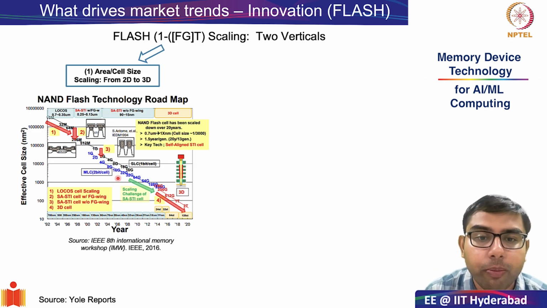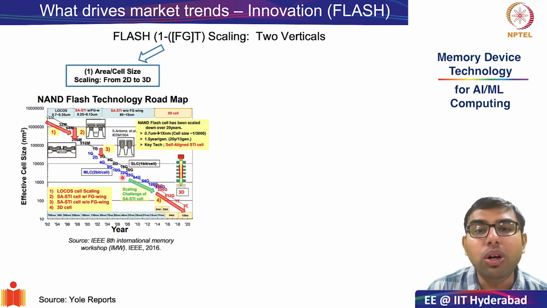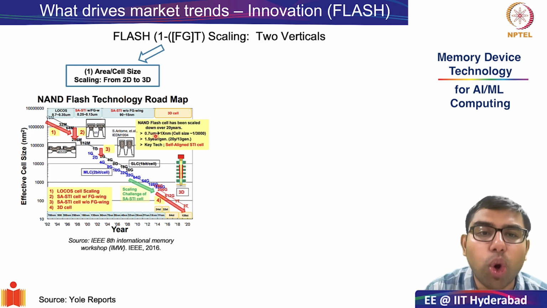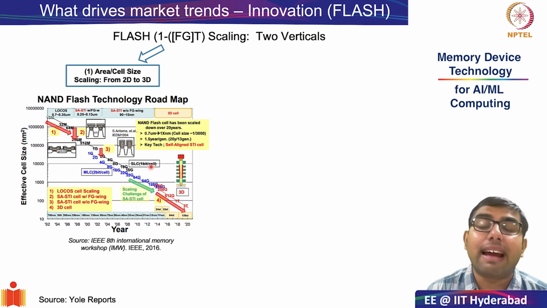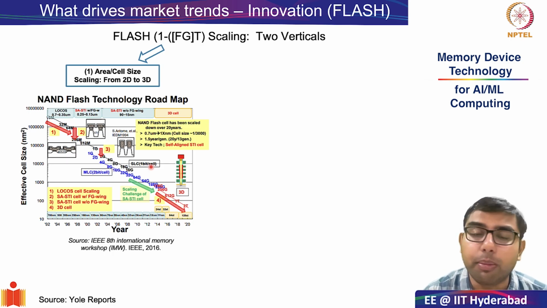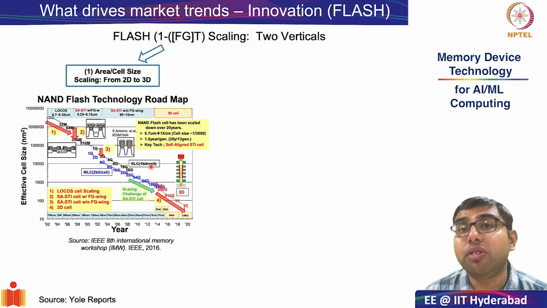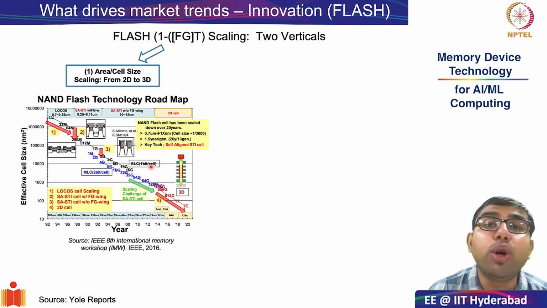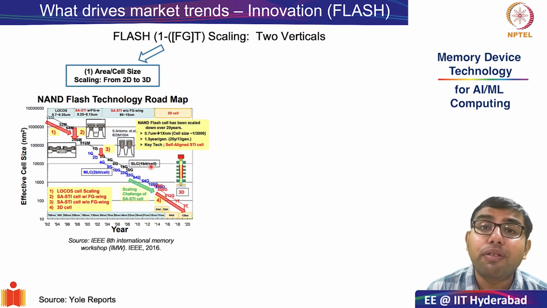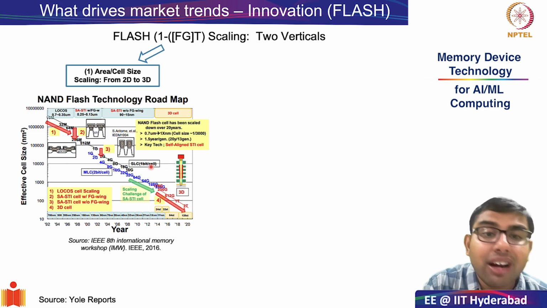But around the 20 nanometer node, people realized that further scaling of the 2D NAND flash is no longer feasible. When we study NAND flash, we will go into exact details of why, but I can give you a hint. Remember, NAND flash was all about storing charges in the trapping layer.